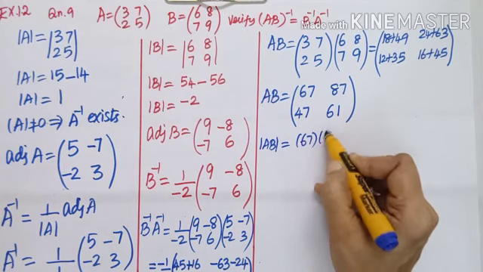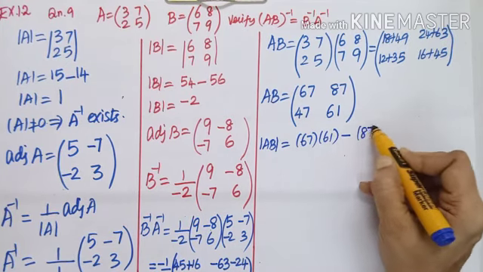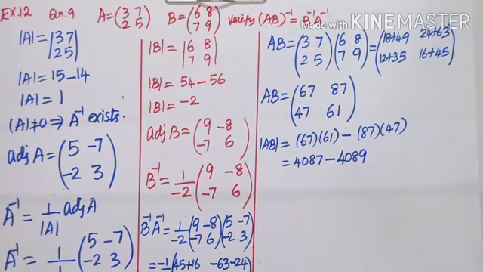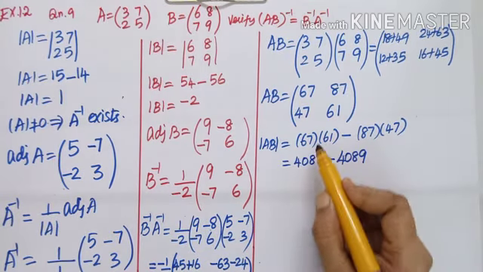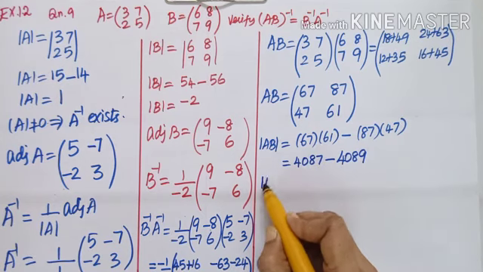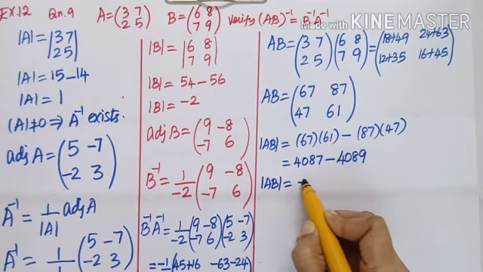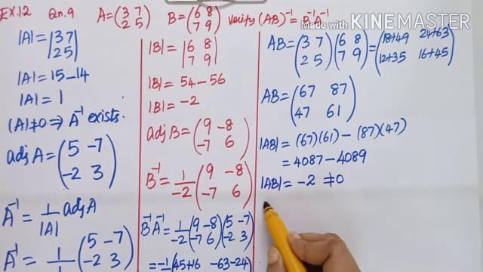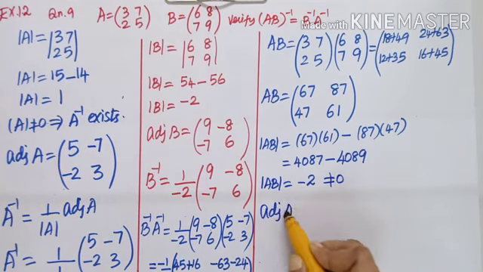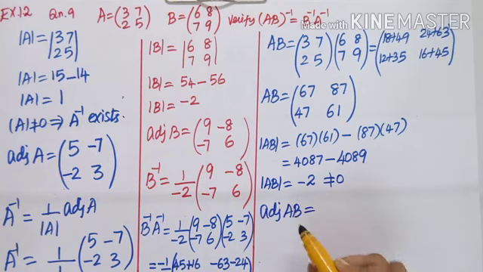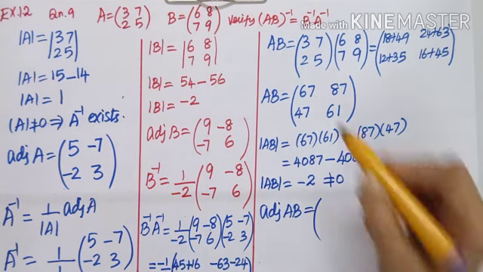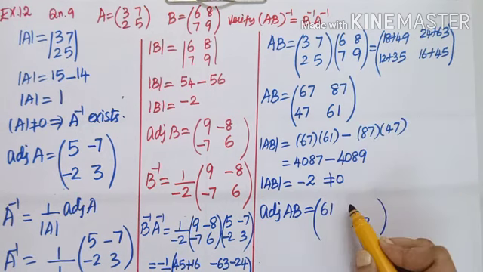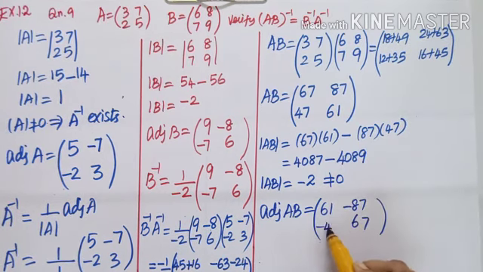The next step, we need to find determinant AB: 67 into 61 minus 87 into 47. You can use a calculator, multiply and write. As we subtract, determinant AB is minus 2, which is not equal to 0. So I can write the adjoint of AB. Interchange the main diagonal, and for the other diagonal, change the sign.